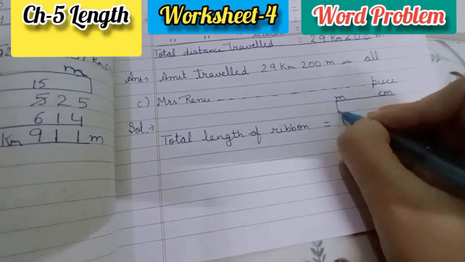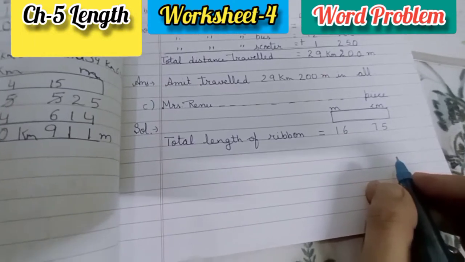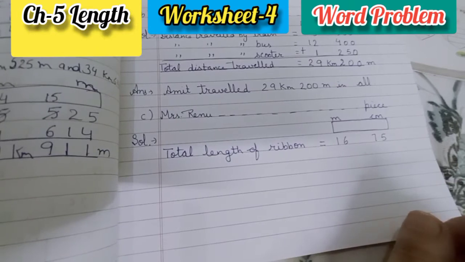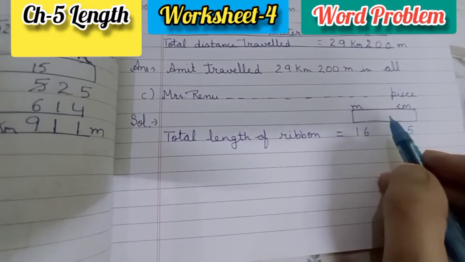Here you can take the box as borrow box, because when we read the question we know we have to subtract, and whenever you subtract you will take the borrow box.